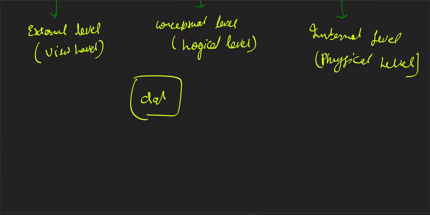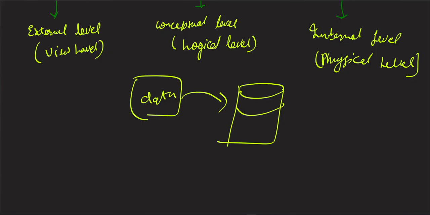This is your data, and it is stored in the disk. So where will it be stored? The physical level takes care of that: where it will go, which part of the disk, and where it will be stored. All these things are taken care of by the physical level only.